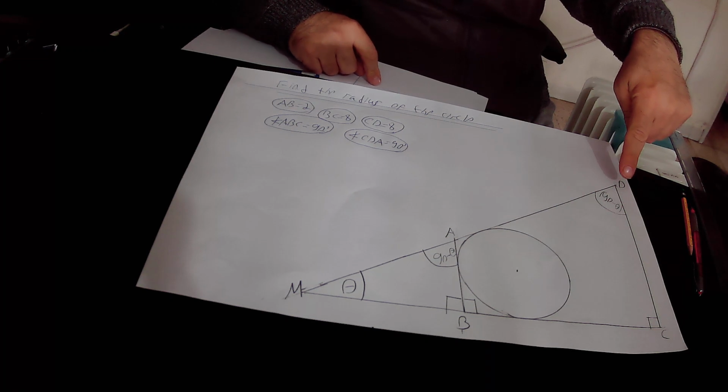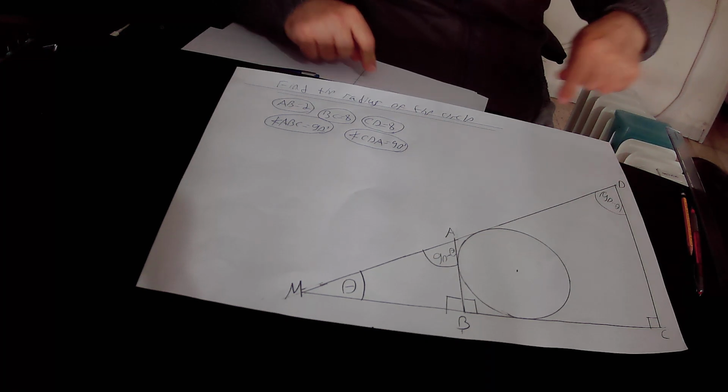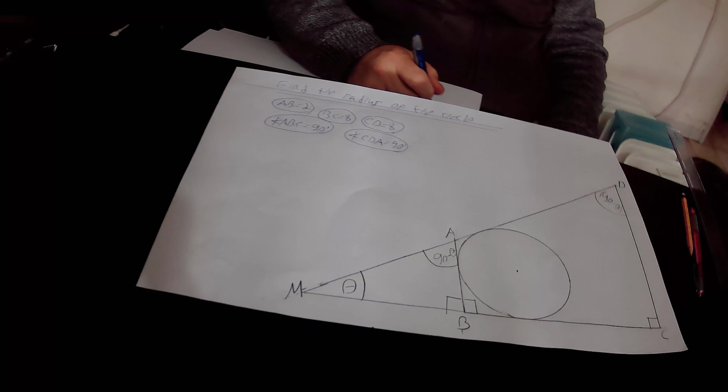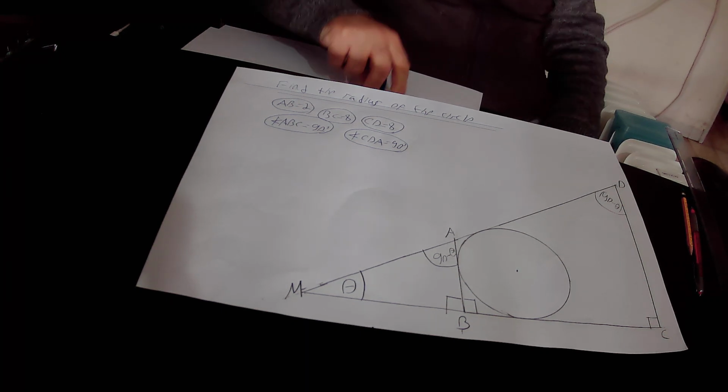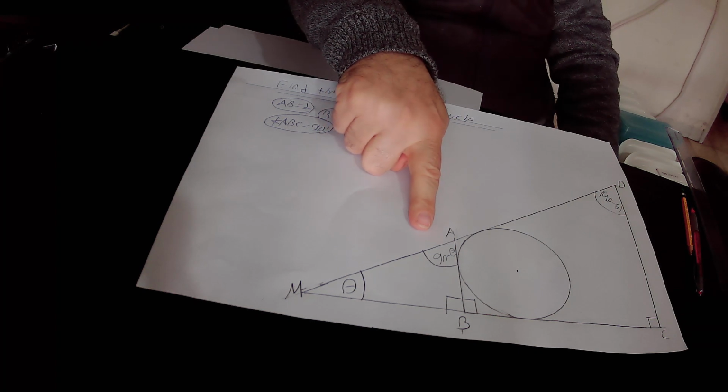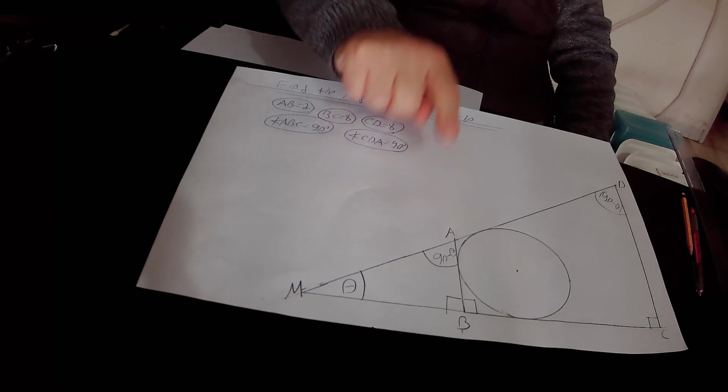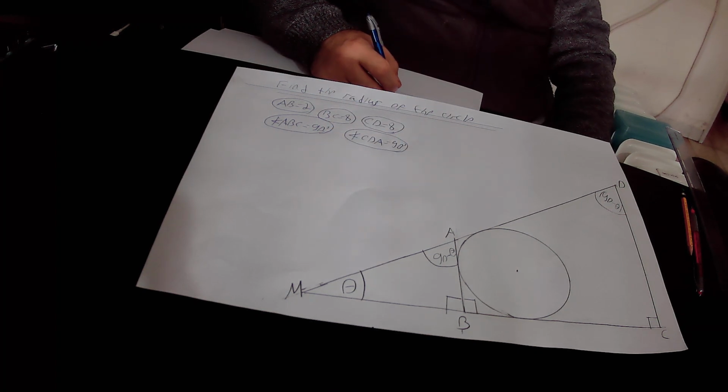So this is angle MDC, and it equals this angle, that is actually angle MAB in the right small triangle MBA.